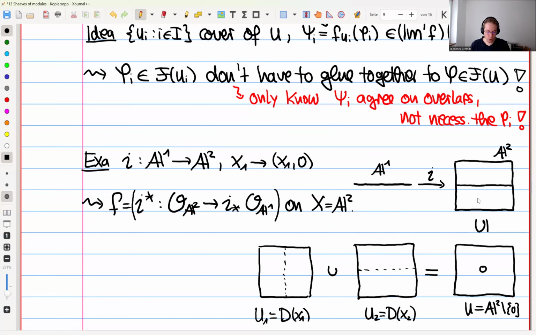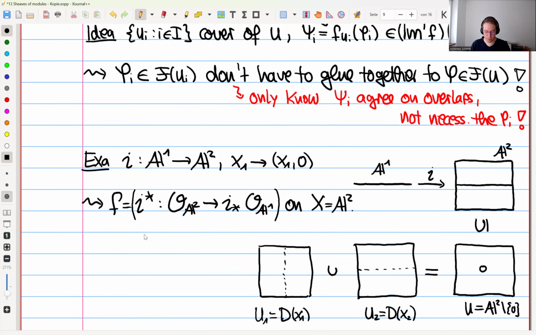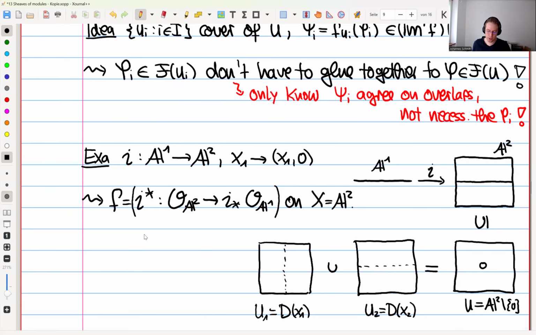And then we want to show that this image presheaf doesn't satisfy the sheaf property. What this means is we need to find an open set U, and we need to find some cover of U with compatible sections of this image presheaf which don't glue to a section of the image presheaf on all of U. And what we do is we take U to be A2 minus the origin.